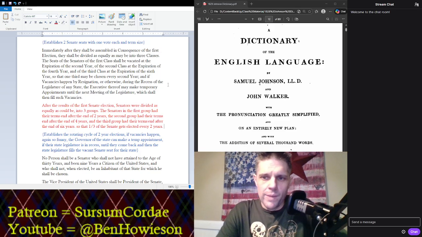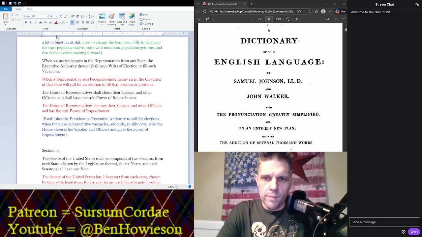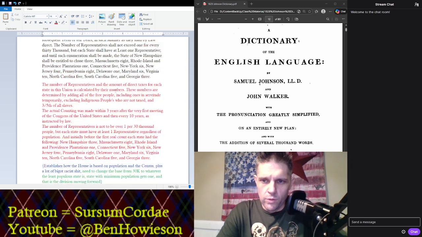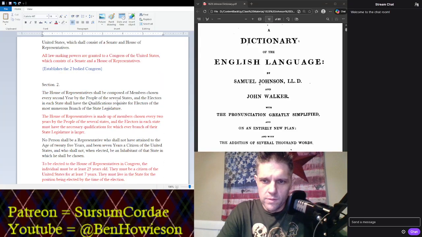So now we got to go back up to remember how they actually say the voting works here. The House of Representatives shall be composed of members chosen every second year by the people of the several states, and the electors in each state shall have the qualifications requisite for the electors of the most numerous branch of state legislature.